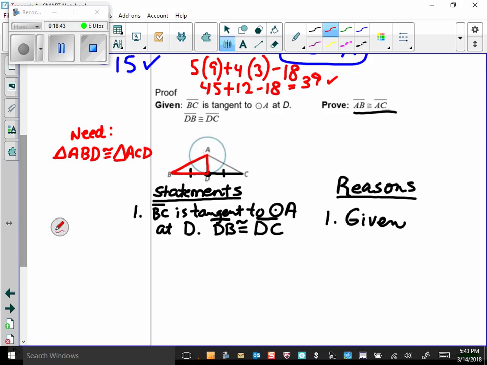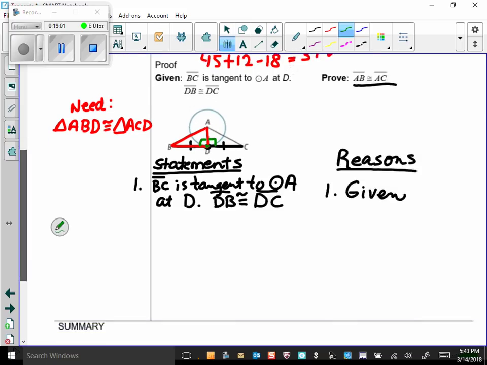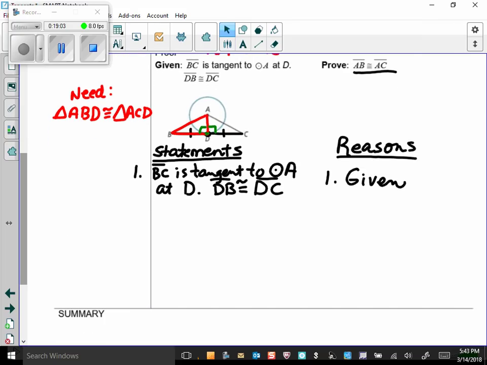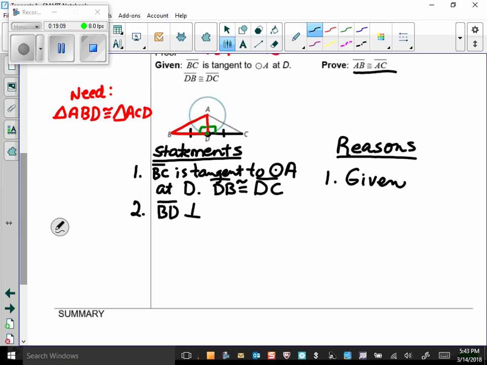Let's see. Well, I remember, right? Since BD is tangent to this circle at point D, and AD is a radius, that makes these two things right angles, right? Because it means that BC is perpendicular to AD. So I believe that probably needs to be my next step here. I need to say BD is perpendicular to AD.